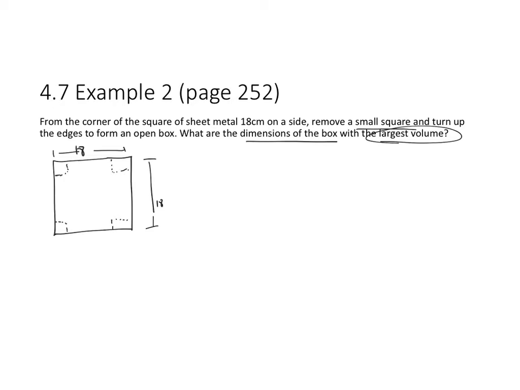So it's going to be a square, so let's call it x by x. Now my inside pieces, let's do it another color, from here to here, if this is also x by x, is 18 minus 2x, and my inside piece from here to here is also 18 minus 2x.